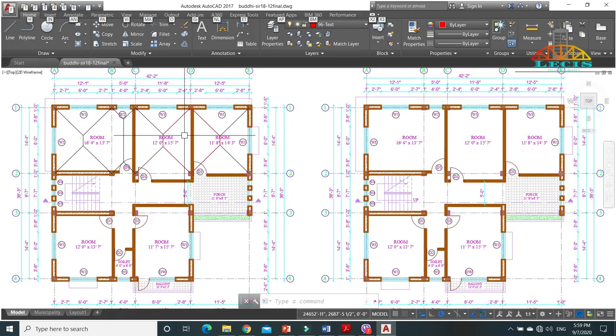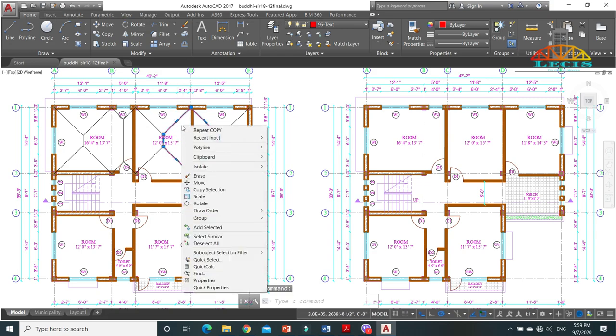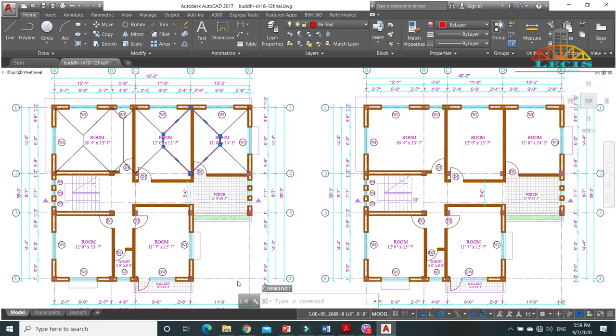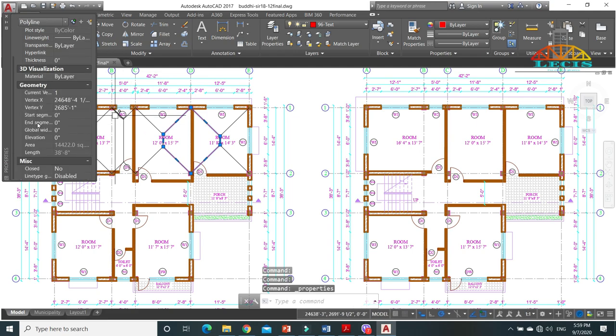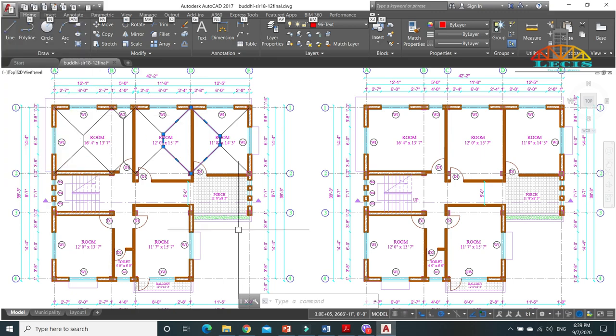To calculate the area enclosed by these yield lines, select this area and then see its properties. So here we have the area of 100.2 square feet. So we have this enclosed area, 100.2 square feet.